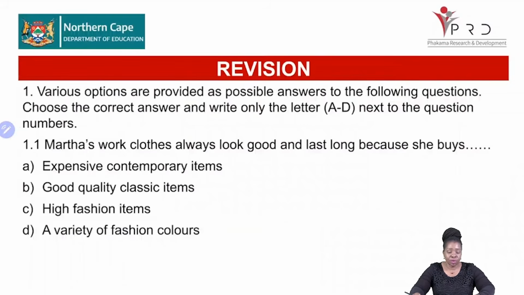Question 1.1 says, Martha's work clothes always look good and last long because she buys A, expensive contemporary items, B, good quality classic items, C, high fashion items, and D, a variety of fashion colors. Let's answer question 1.1, then we can move on to question 1.2.